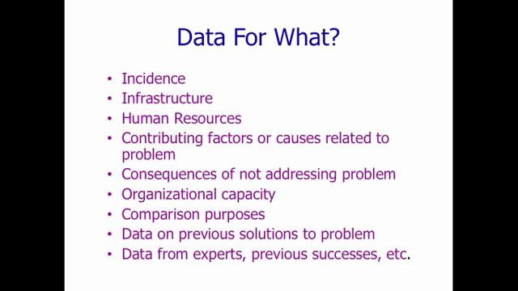It'll include infrastructure, human resources available to you within the organization, contributing factors or causes related to the problem, consequences of not addressing the problem, organizational capacity. You're going to have to learn a great deal about the organizations that you're working with, their mission and vision, and their ability to implement programs on the ground. Who do they have? What are their expertise? All of this will be very important to you.